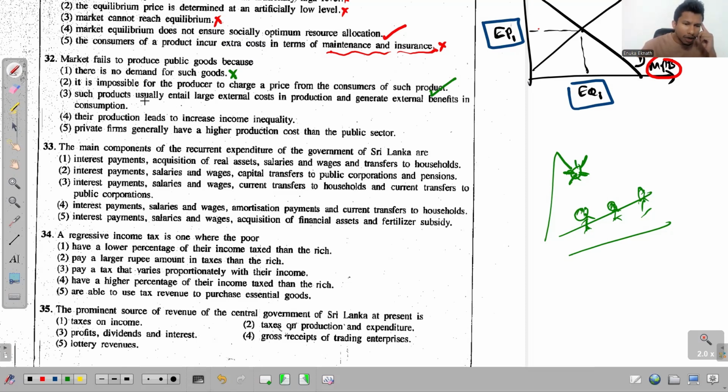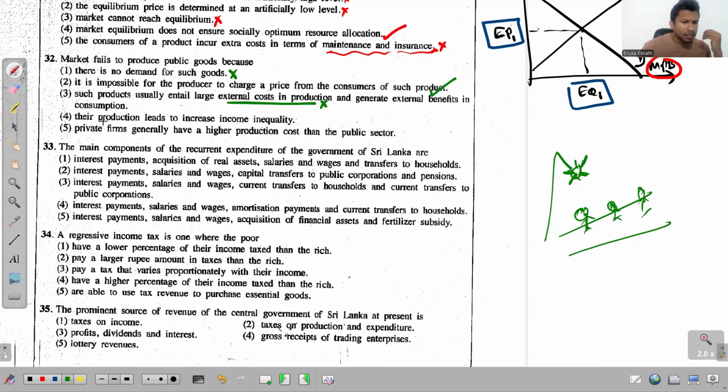Third one says such products usually entail large external costs in production, which is not true, and generate external benefits, yeah, there are external benefits, but there's no significant external cost when it comes to production of these public goods.